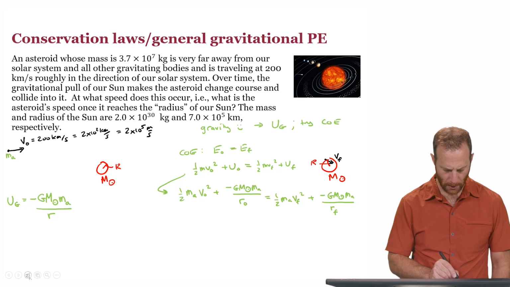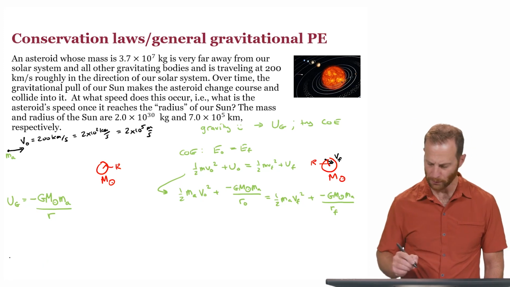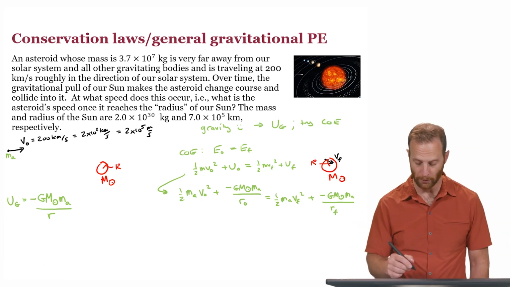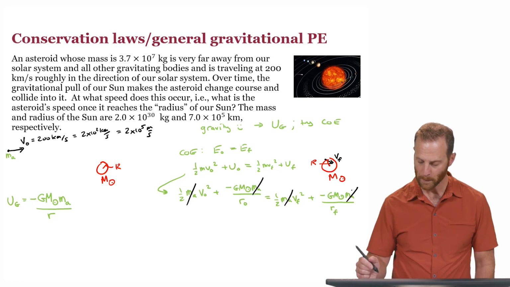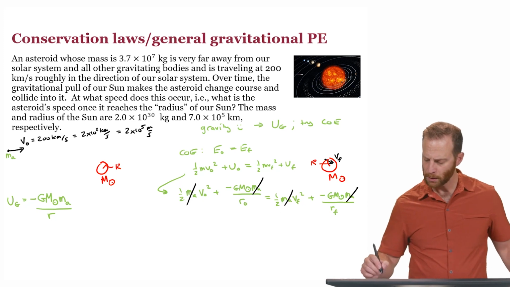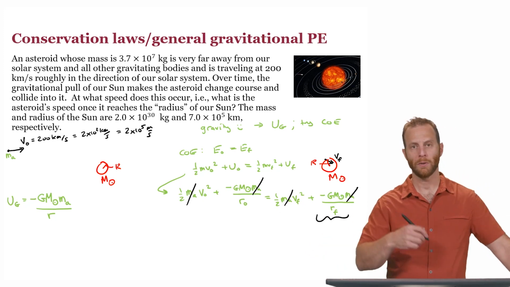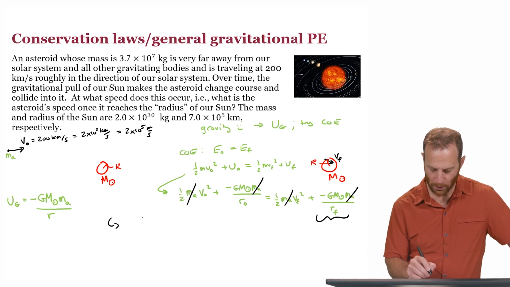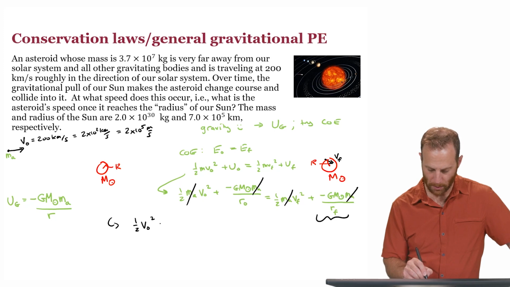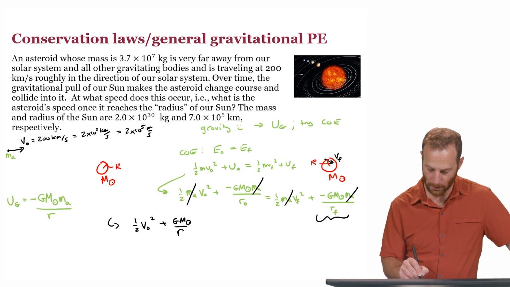What I notice is that the asteroid mass cancels from this entire equation because it appears in every term. So I'll divide by the mass of the asteroid. I want the final speed, so let me take this term to the other side, in other words, add it. And so at that stage, we have 1/2 v naught squared plus G times the mass of the sun divided by the final position.